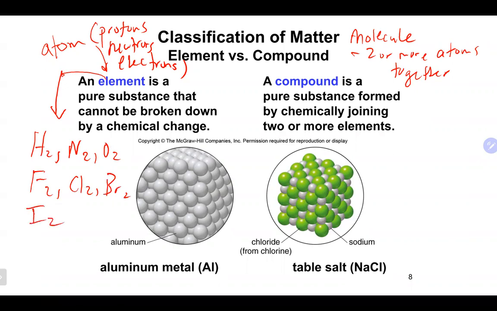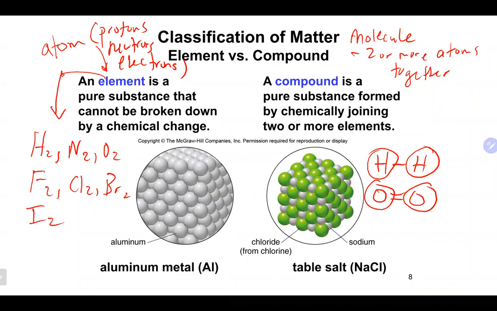These are what are referred to as diatomic elements. How hydrogen comes when it's all by itself is basically two atoms of hydrogen that are bound together. That is how hydrogen is by itself. Same thing with oxygen. Two atoms of oxygen come together, and that is how it comes when it's by itself.